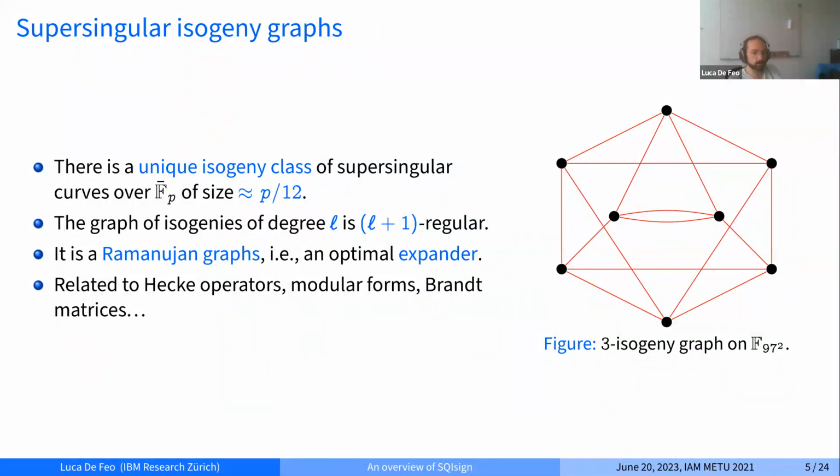You can give an exact quantification using the Ramanujan property, and then using this, you can deduce security parameters for your systems. So in this sense, the smaller the diameter, the better the parameters will be for the system.